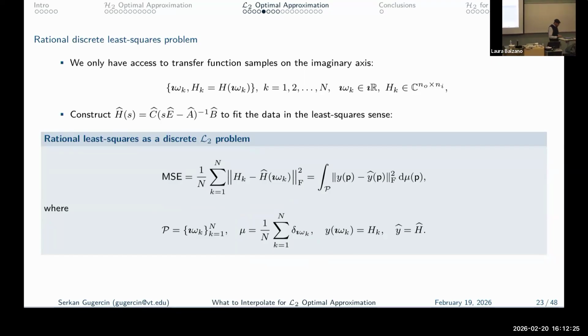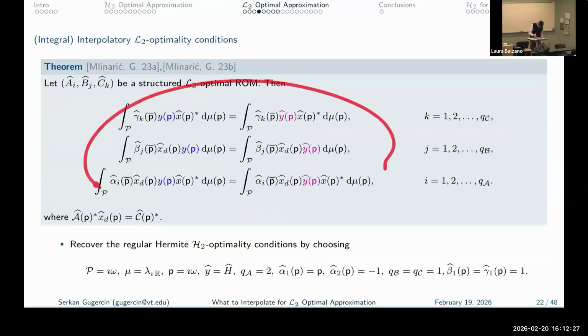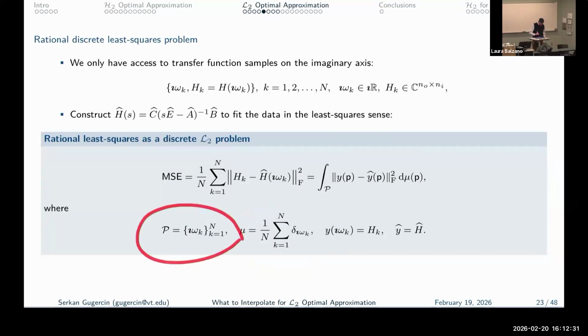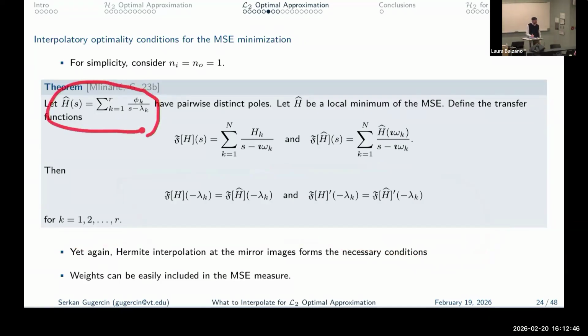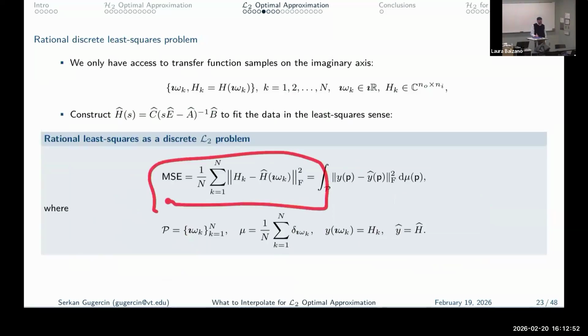So what we did, we took these conditions, we plugged in this measure, this structure, and what comes out of it? Yet again, Hermite interpolation at the mirror images. So assume that this is my reduced rational transfer function. Assume that this transfer function minimizes this discrete least squares error.